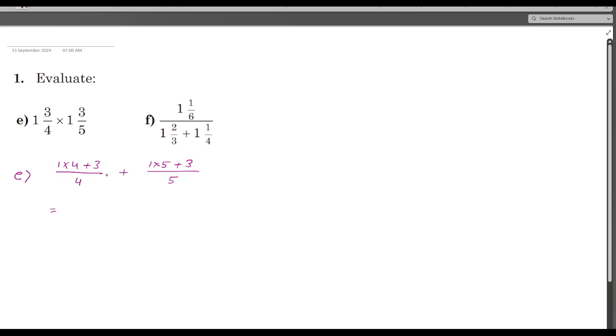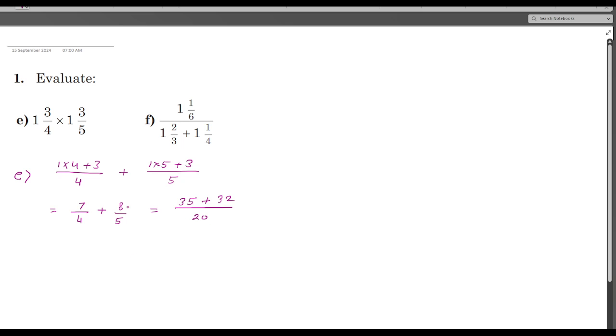So this is 4 plus 3, 7, 7 by 4, plus this is 5 plus 3, 8, 8 divided by 5. Now 7 times 5 is 35, 8 times 4 is 32, so it is 35 plus 32 divided by 4 times 5 is 20.